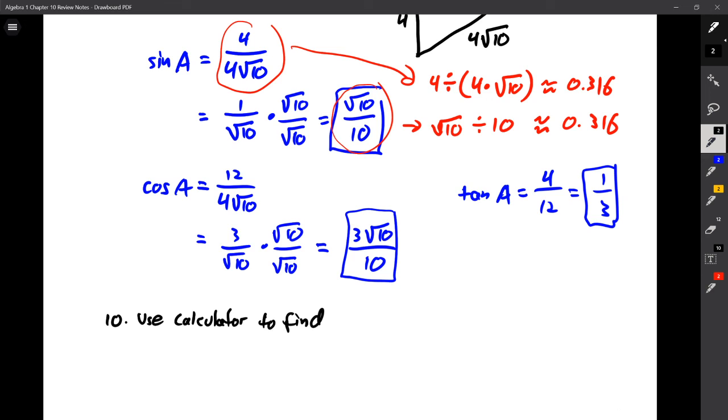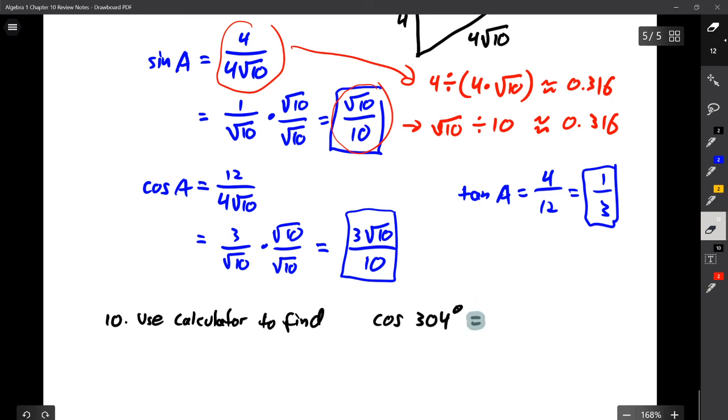Let's see. First one is cosine of 304 degrees. Okay, we got to make sure that I'm in degrees, and I am in degree mode, so cosine of 304 is, I was going to do that in blue because this is my work now, 0.5592.